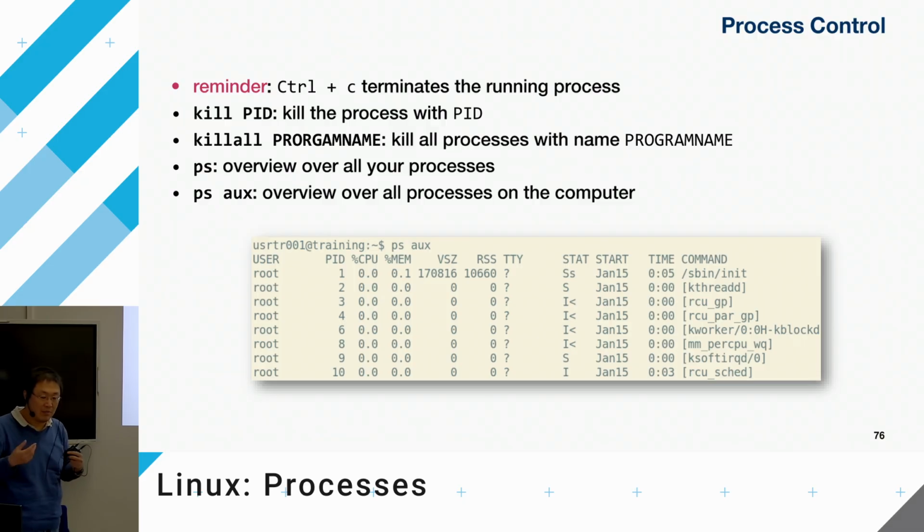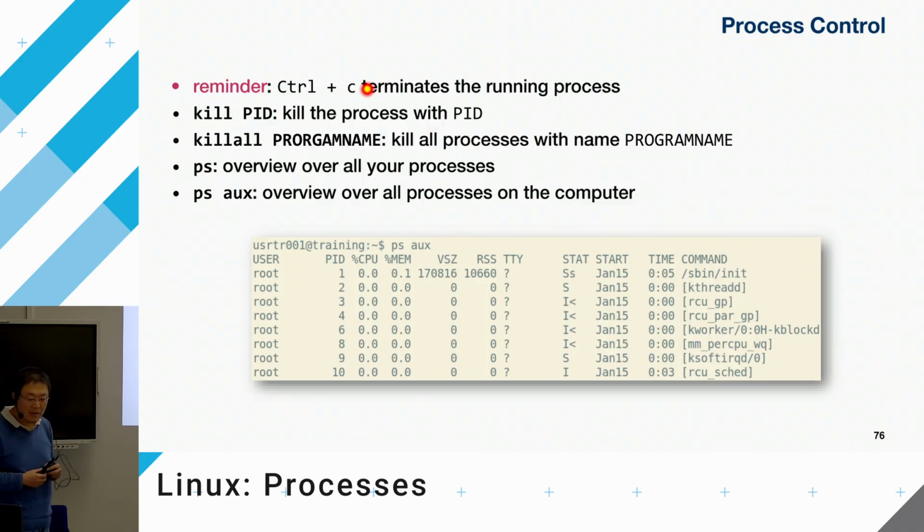For example, it's not running on your laptop. But if a process is in the background, maybe you cannot see this process immediately, but this process is running. So this is the key difference. That is why I would like to remind you, you can use Control-C to terminate.